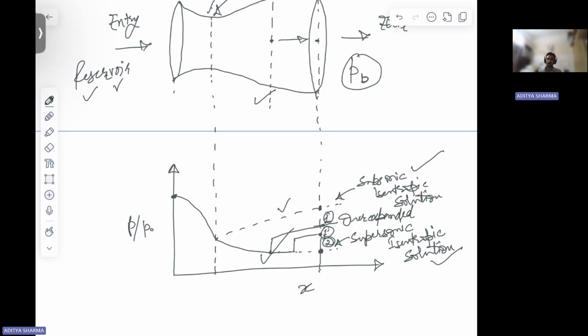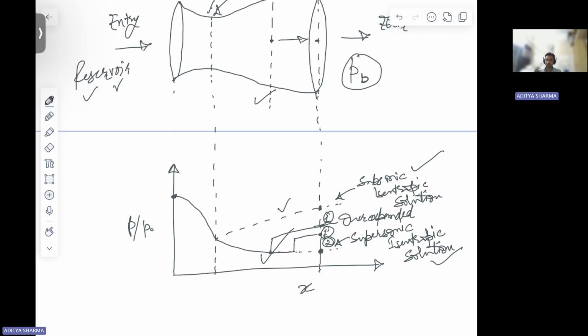But then there comes a point where your exit pressure is lower than your back pressure, right? Exit pressure corresponds to your flow, the flow that is happening in your nozzle.